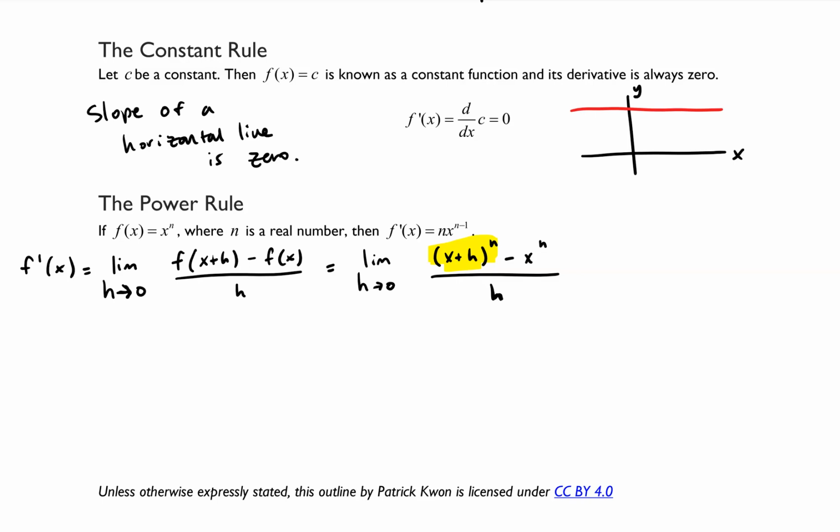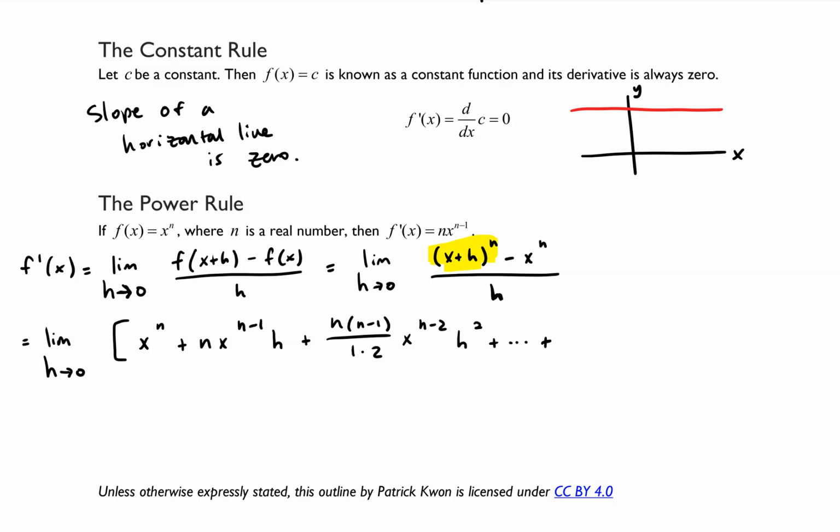So the way that we expand that polynomial is it ends up looking something like this. We have the limit as h goes to 0 of, now it's going to look kind of ugly, x to the nth power plus n times x to the n minus 1 times h plus n times n minus 1 over 1 times 2 times x to the n minus 2 times h squared plus dot dot dot plus h to the nth power.